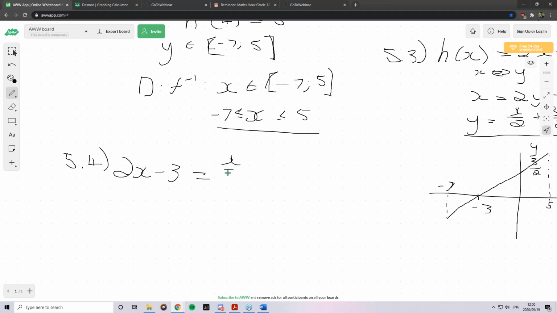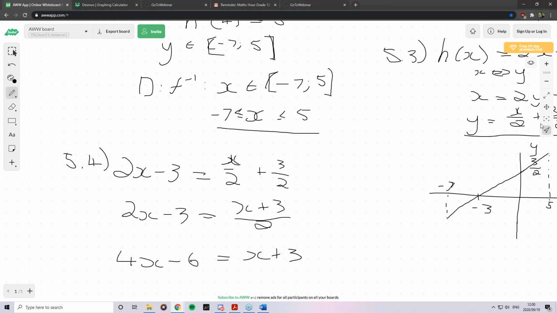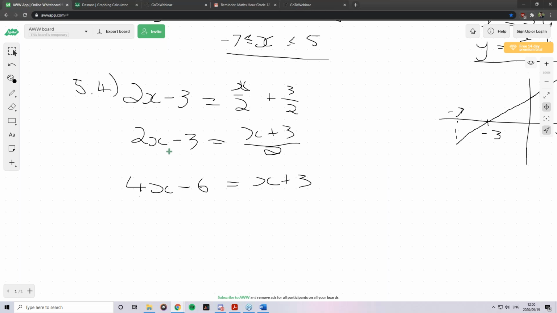Solving for this, 2x minus 3 is equal to x over 2 plus 3 over 2. I can multiply both sides by 2, so I get 4x minus 6 is equal to x plus 3. And I get then x is equal to 3.